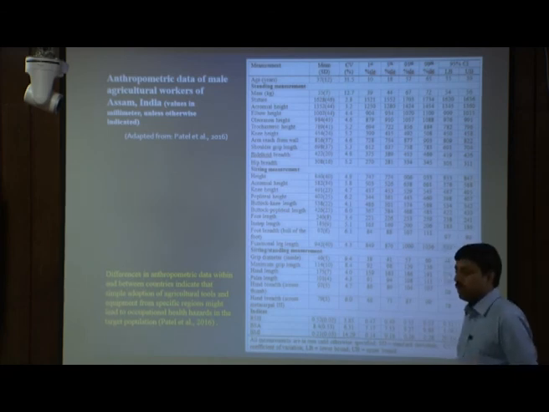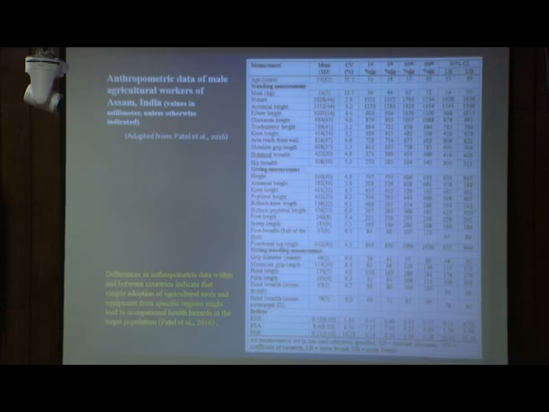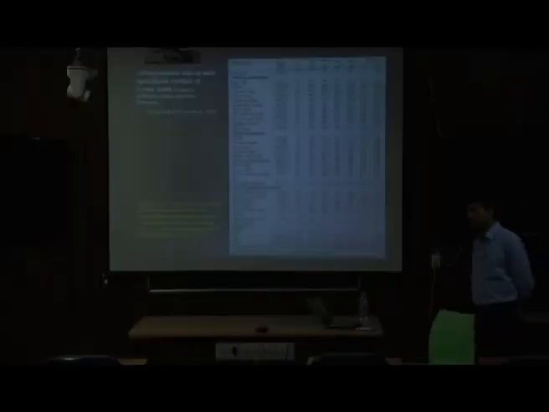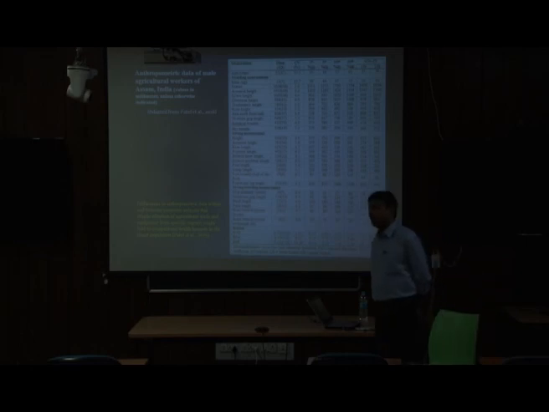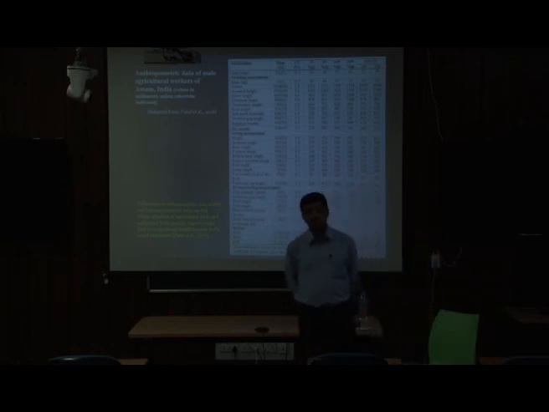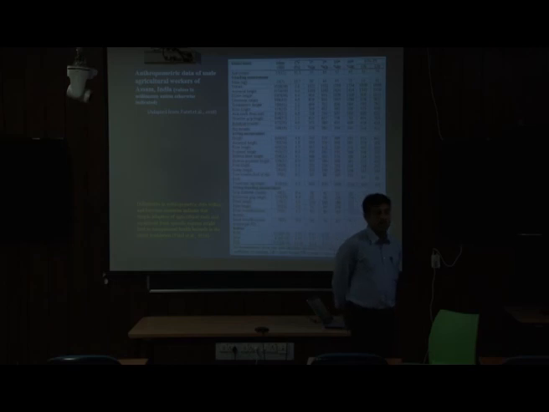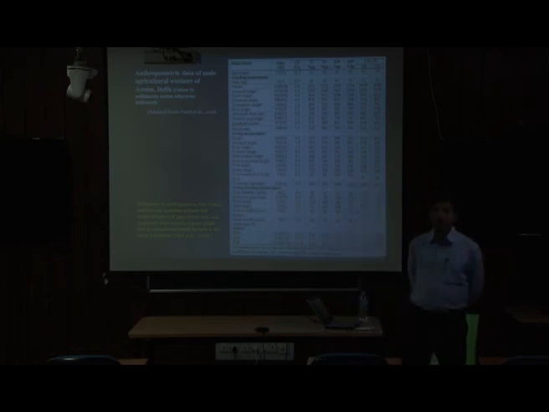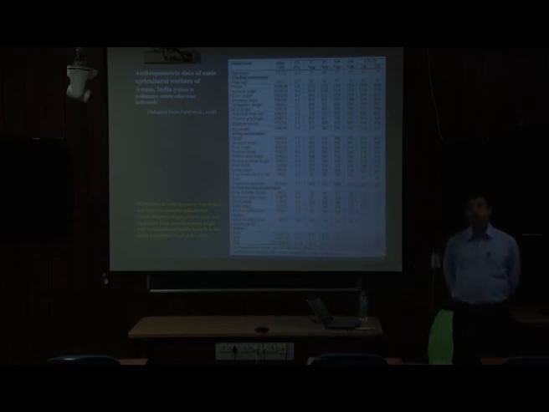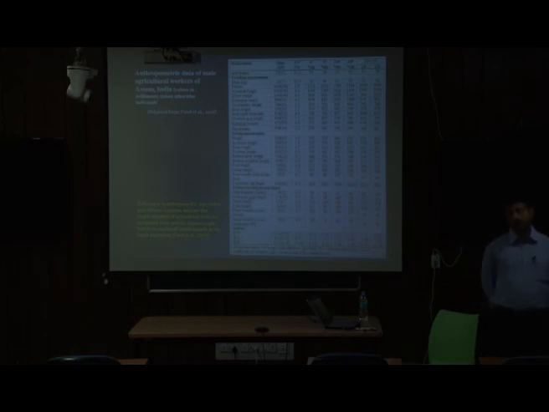So this anthropometric data collection and its percentile calculation is very important, because while we are designing any facility or any product, we need to use this percentile anthropometric data to ensure human body dimensional compatibility with the product's physical dimension.